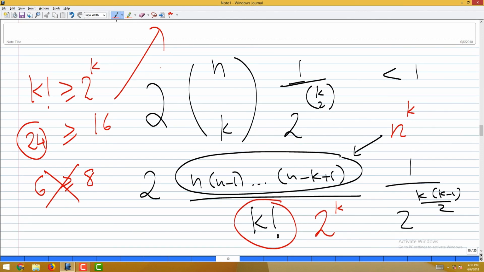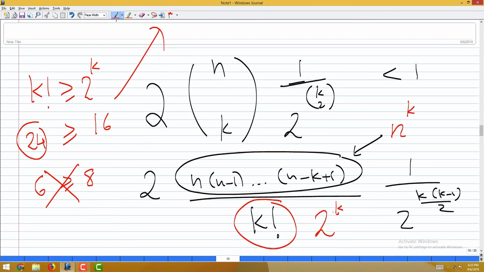I am claiming that I can assume k greater than or equal to 4, because the k equal to 3 case I had done already, and that was an already tackled case. So, therefore, we can assume that k is greater than or equal to 4.